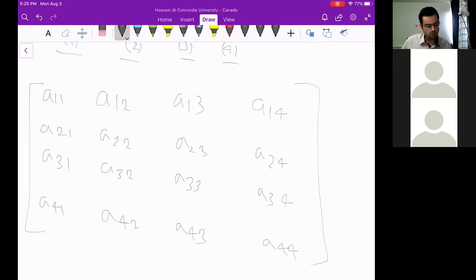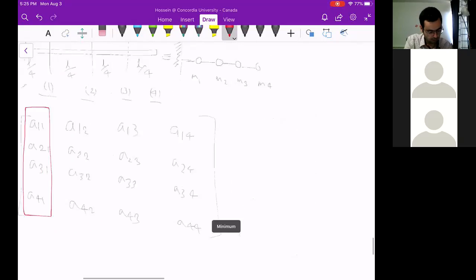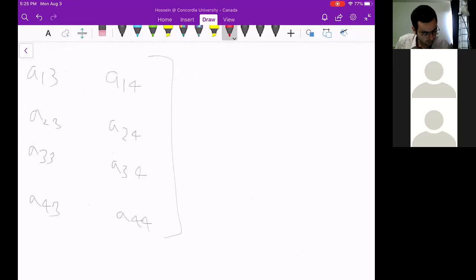So as I told you, at first step, I will go for the first column. You have to focus only on the first column of the influence matrix.